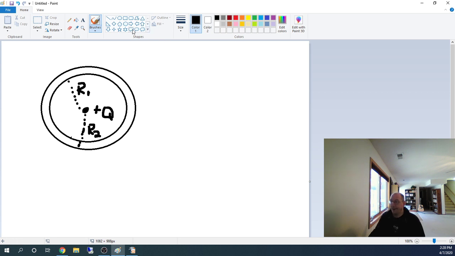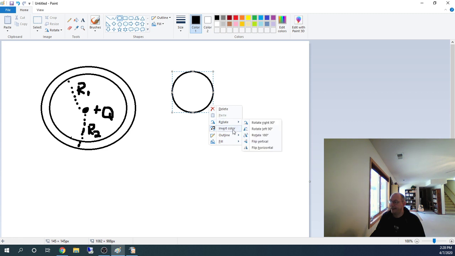So this is what I'm going to do. I'm going to make a sphere here, in a different color. I'm going to make it orange.